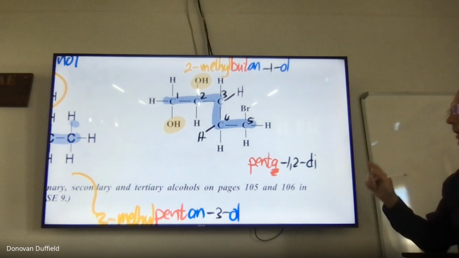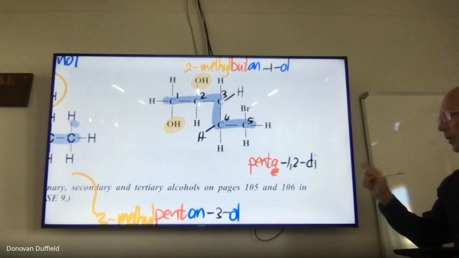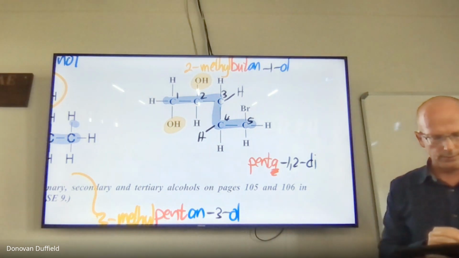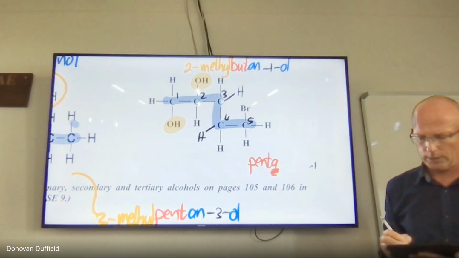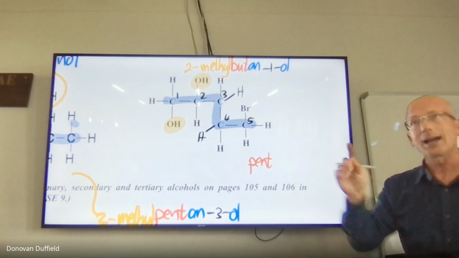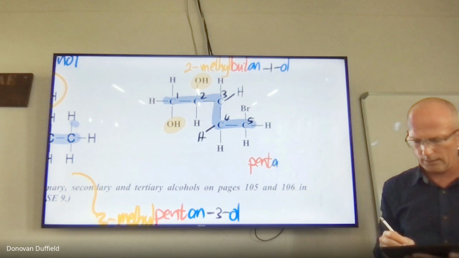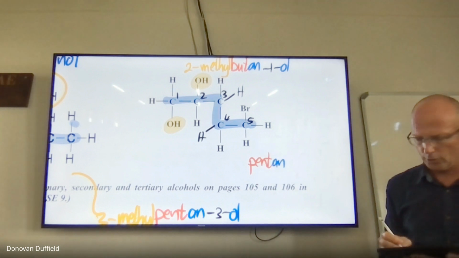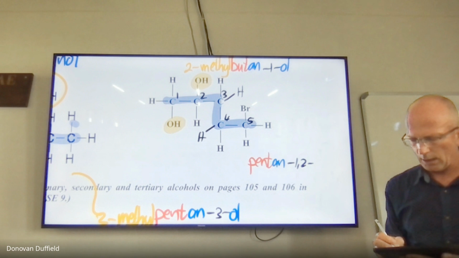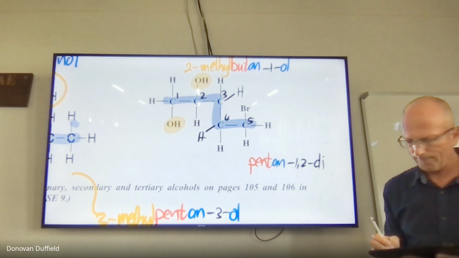So normally it would be pentanol. So it's going to be pentan-1,2-diol. Okay, all right? Pentan, because -anol is the suffix for alcohol. So it's going to be pentan-1,2-diol.